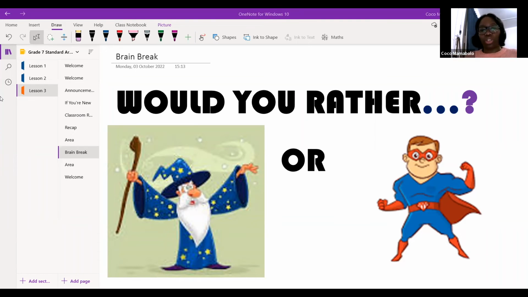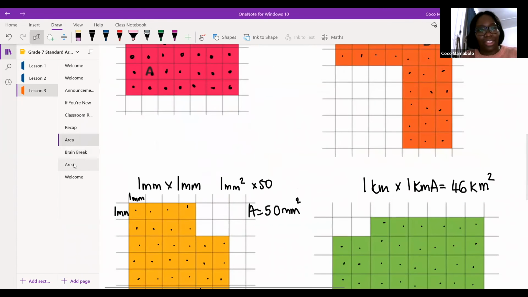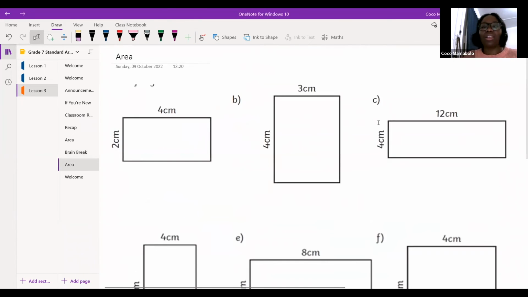Okay, let's go. We're going to be doing questions on area, not this one, the other one, Teacher Coco, this one. And questions on area are very easy, guys. Remember, the formula says area is equal to the length times the breadth. That's it.